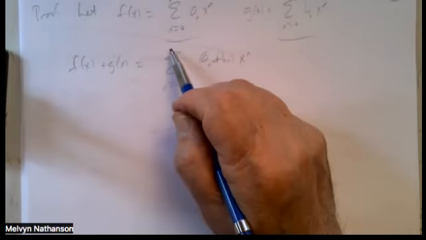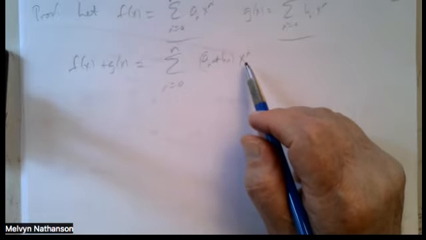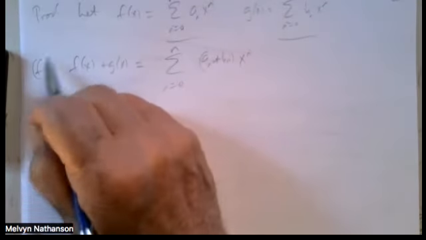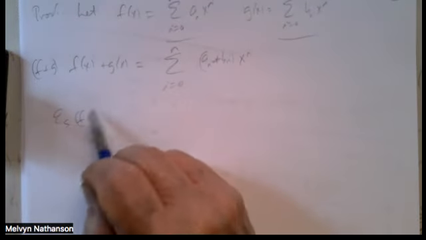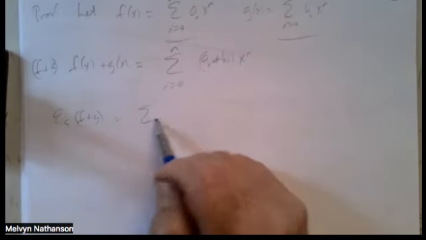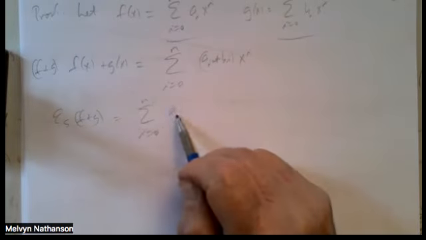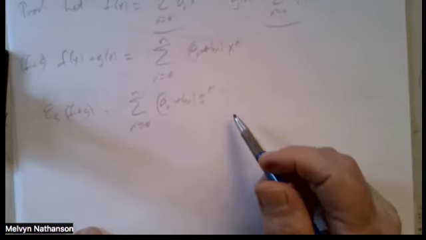So this is summation i goes from 0 up to n, a i plus b i, x to the i. So this is the polynomial f plus g. So if I evaluate the polynomial f plus g at s, this is summation i goes from 0 up to n, a i plus b i, s to the i.